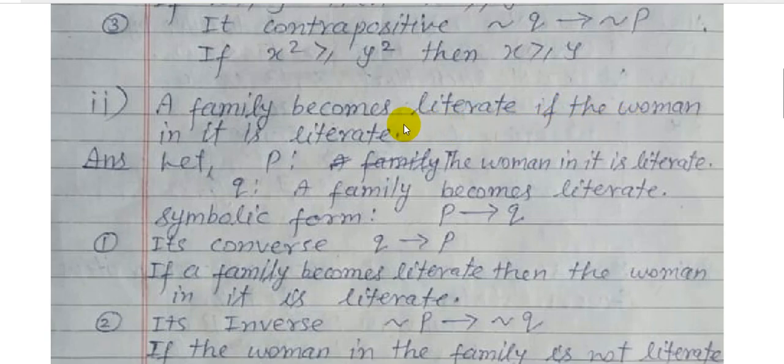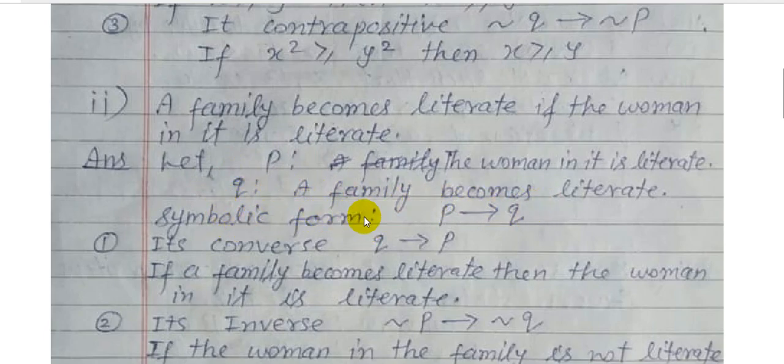If the woman in the family is literate, then a family becomes literate. It is correct. So for P, the woman in it is literate, it means the family. For Q, a family becomes literate.